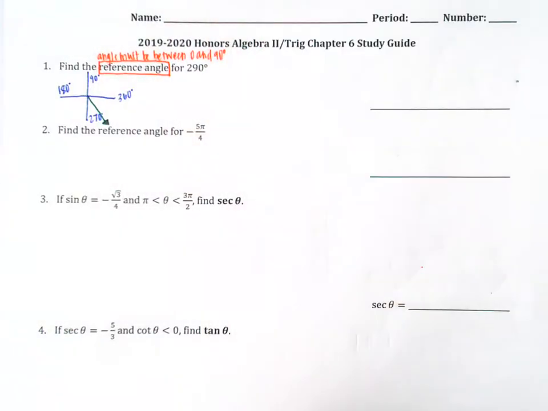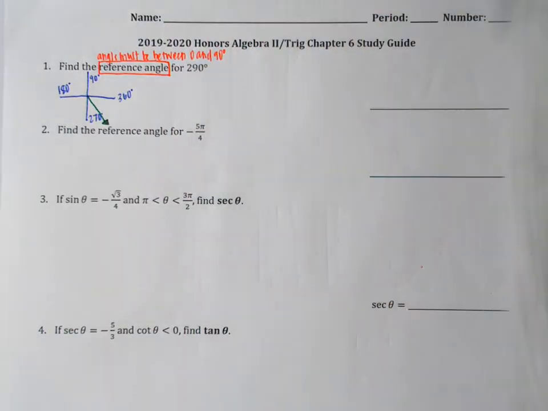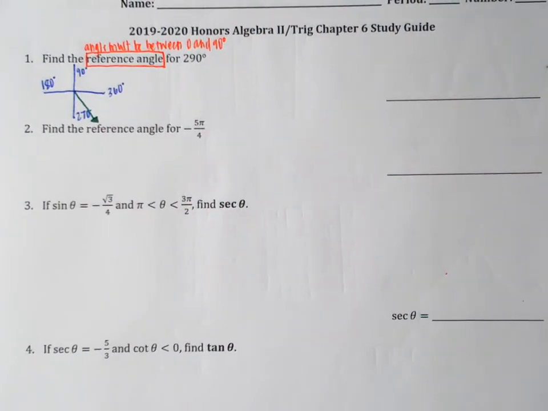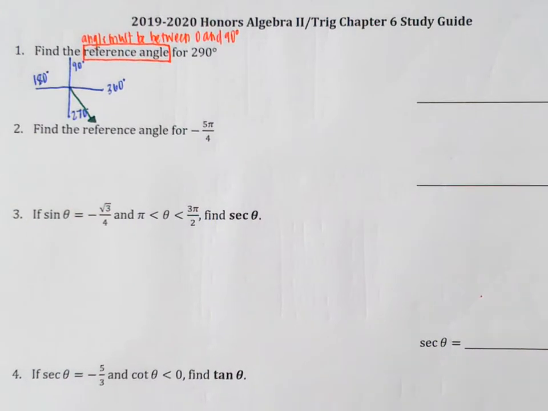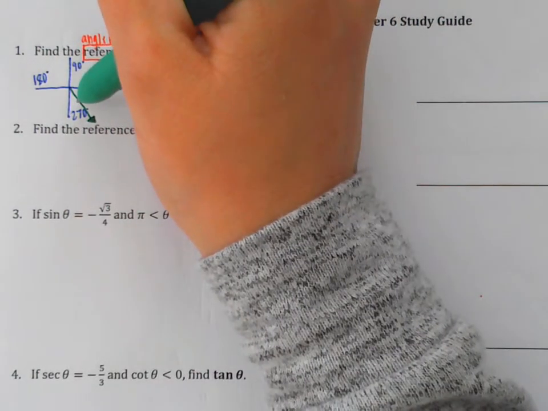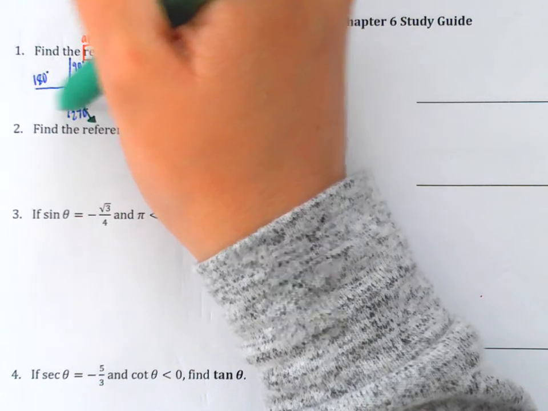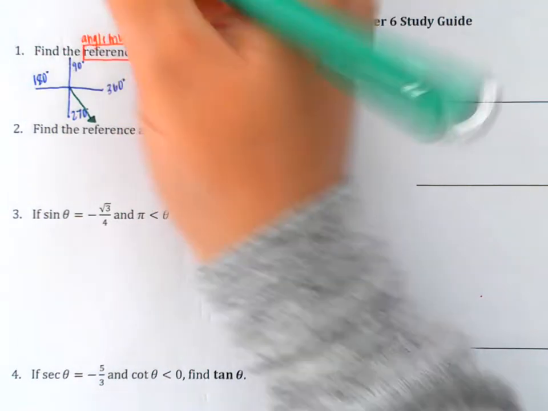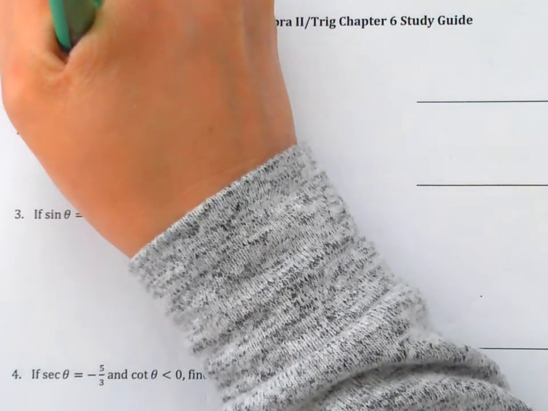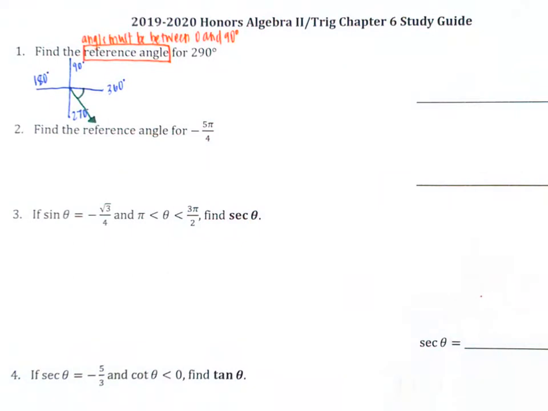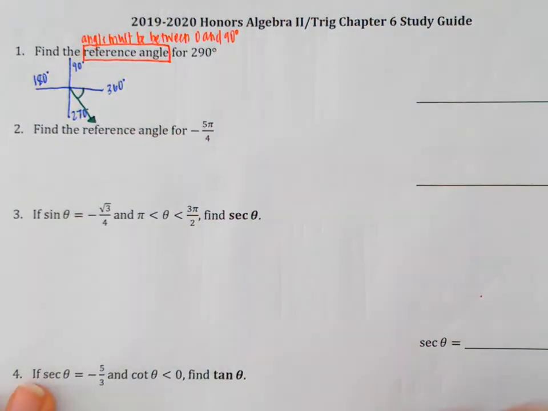So to find the reference angle, we always go back to the x-axis. So what's closer, 360 or 180? And 360 is the closest. So remember, we always go back to an x-axis.